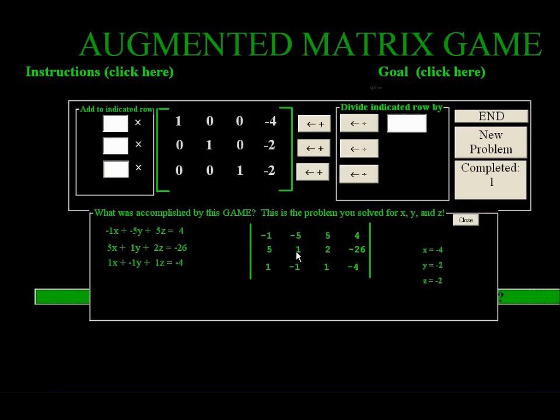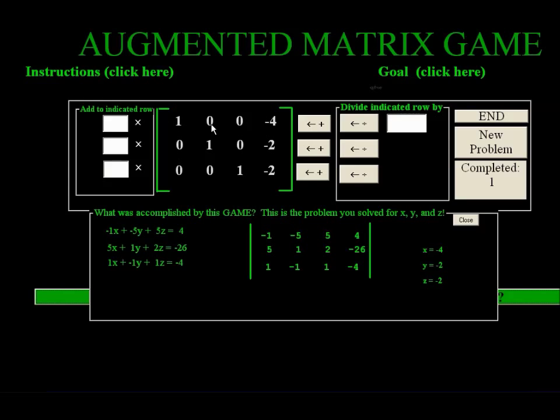What this really stood for in the beginning was that there were 3 independent equations with 3 unknowns, and minus 1 of x minus 5 of y plus 5 of z was equal to 4. These were the facts that were known about the 3 variables x, y, and z.